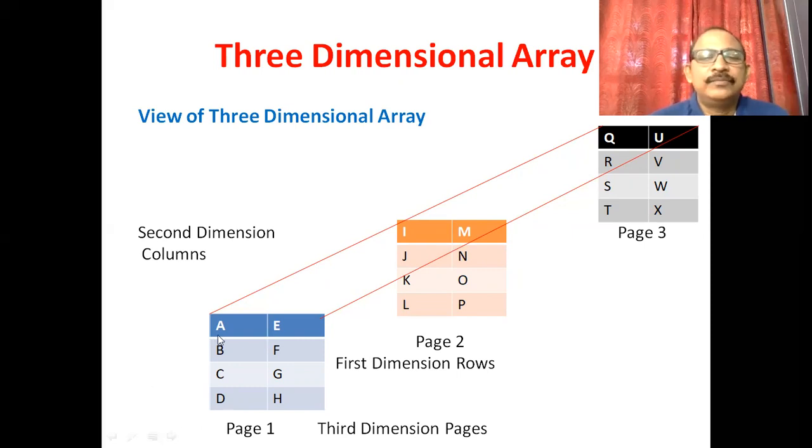Here you can see this is the first page of the book, this is the next page of the book, and this is the next page of the book. And here you can see these are the rows, lines, and these are the columns. The first subscript defines the rows, second subscript defines the column, and third subscript defines the page in a book.